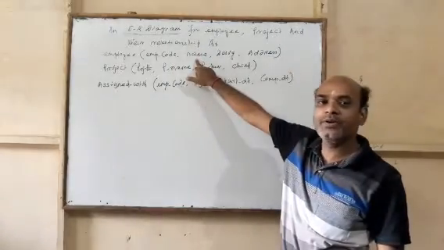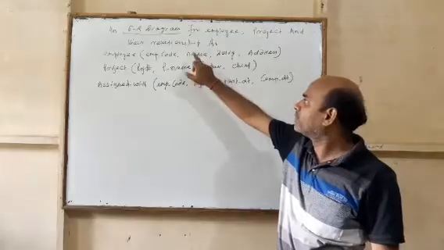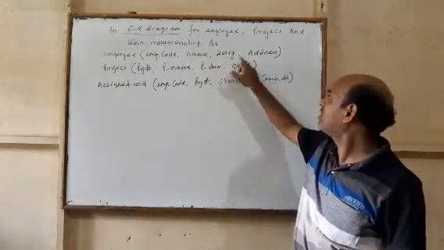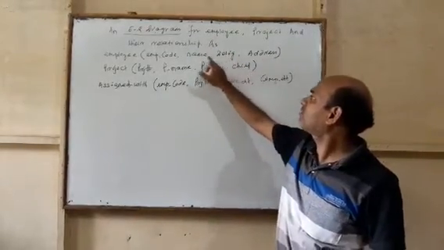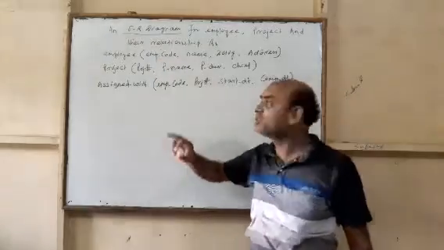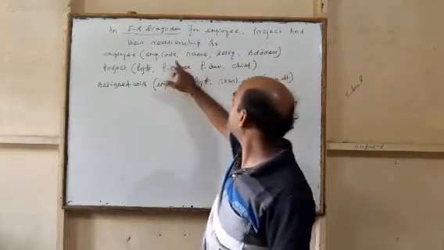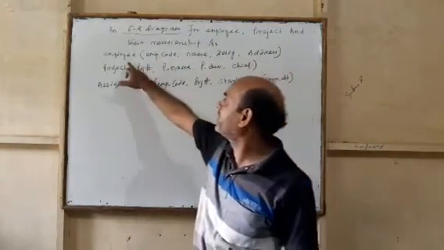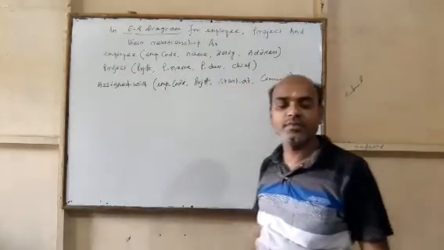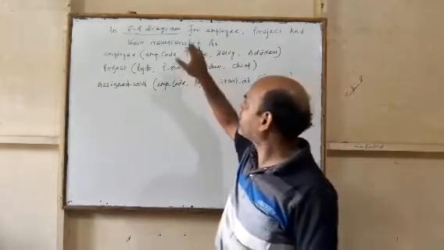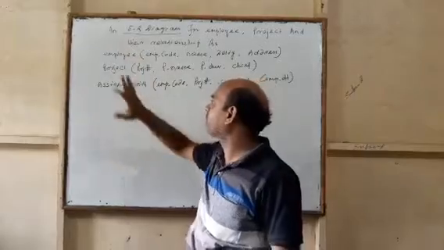Also, you can write EMP name for employee name. So these are the attributes, these four attributes that describe this entity, employee.